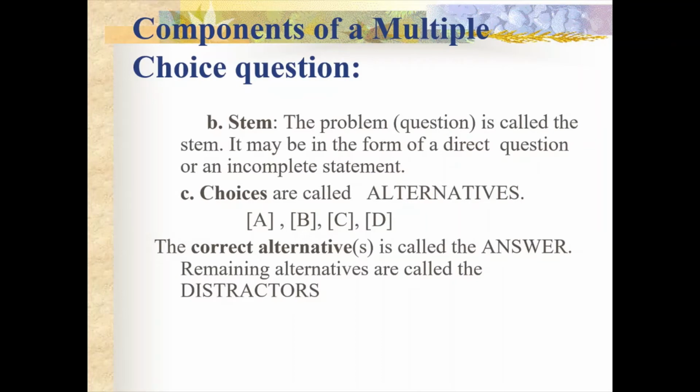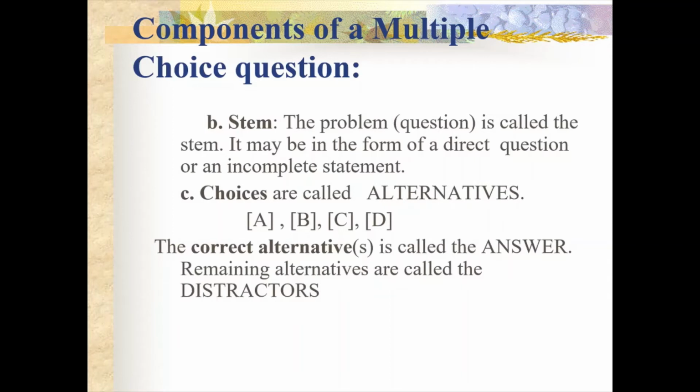Maybe in other educational systems, they use direct questions. So when you come across other exams, you will find stems in the form of questions. But here, when you are designing your stems, you should rely only on statements and not questions.